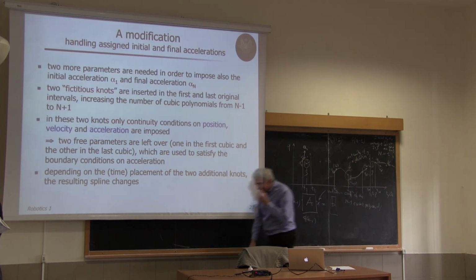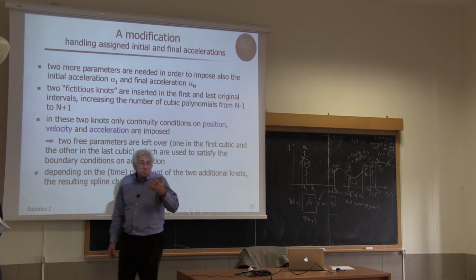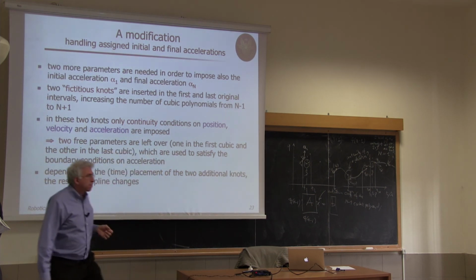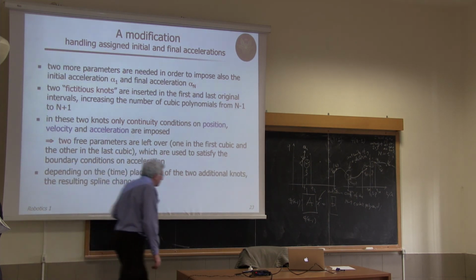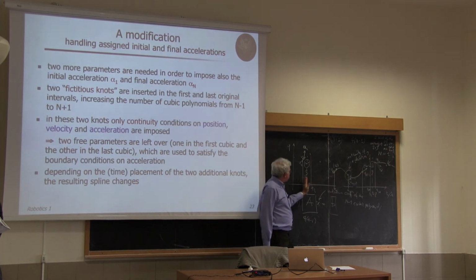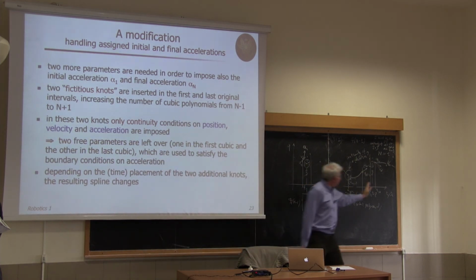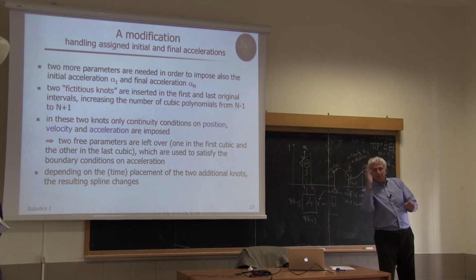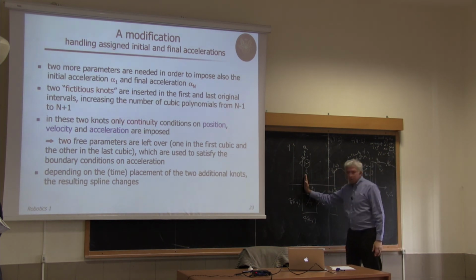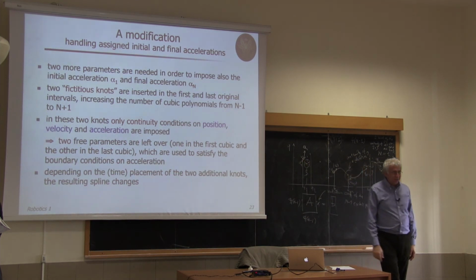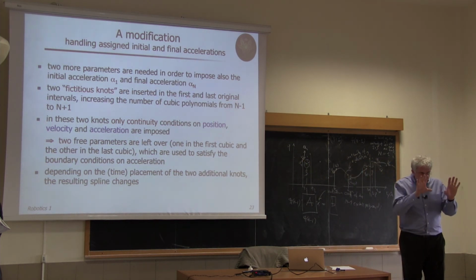The only thing that bugs us, which we can accept, is that depending on how you split this interval and this interval, for instance, at the midpoint or very close to the initial point, whatever you choose, you will get a different spline. Okay, so once you fix this, you have a spline.